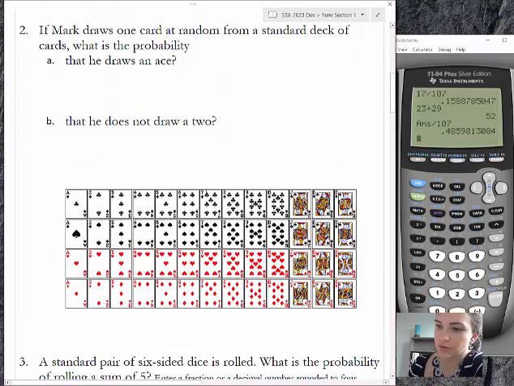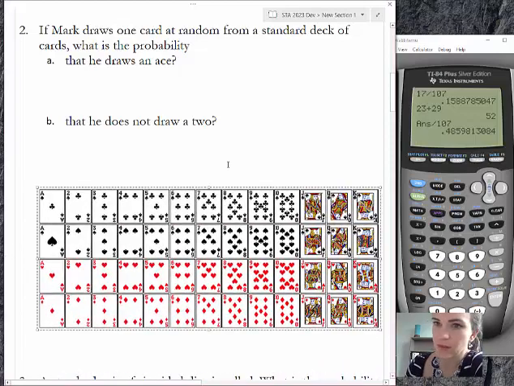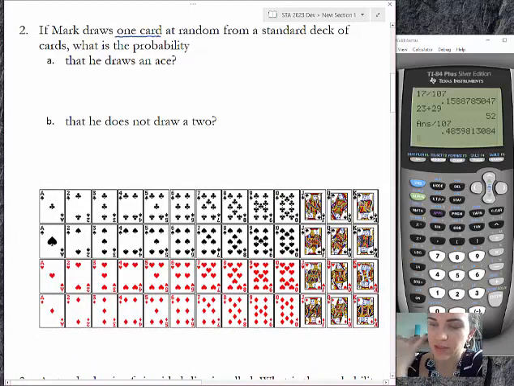The next question uses the deck of cards here that I have for us just for reference. First, we notice that there is one card drawn only, so we only have a single event, and we want the probability of drawing an ace. The probability of getting an ace is simply the number of aces divided by the total possibilities.